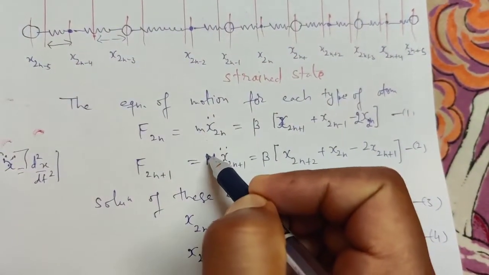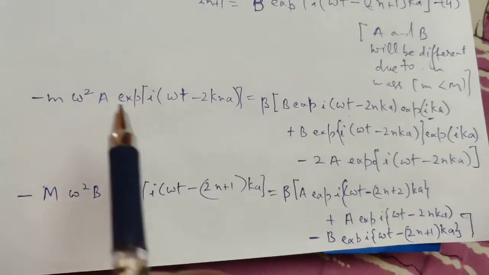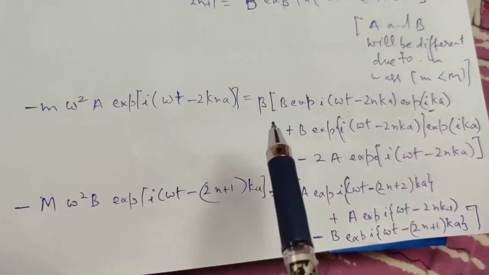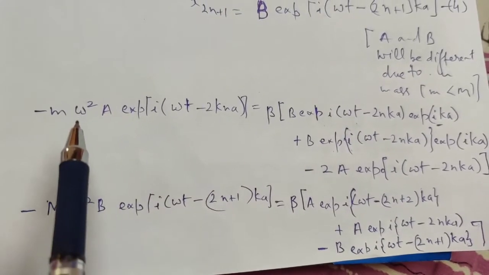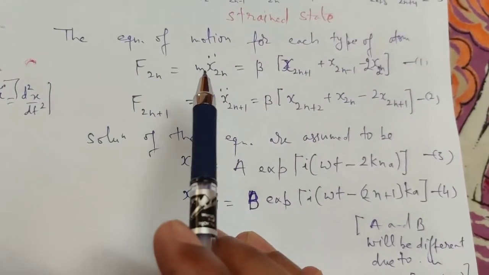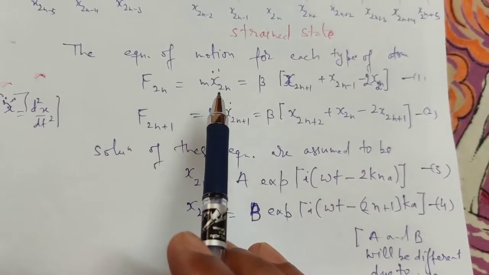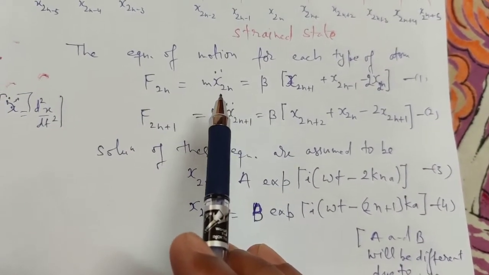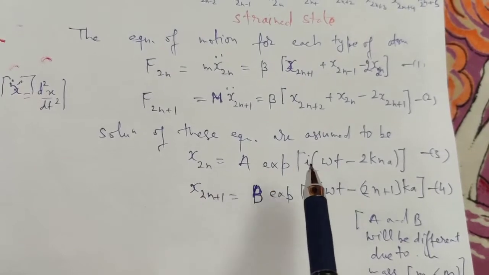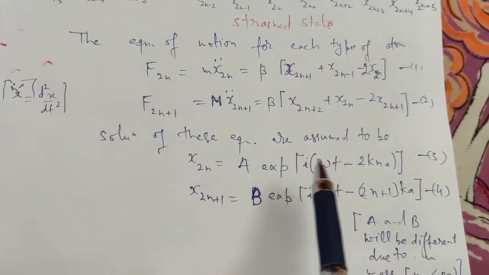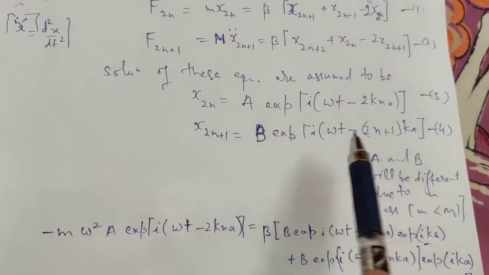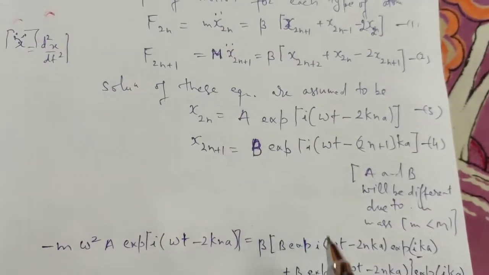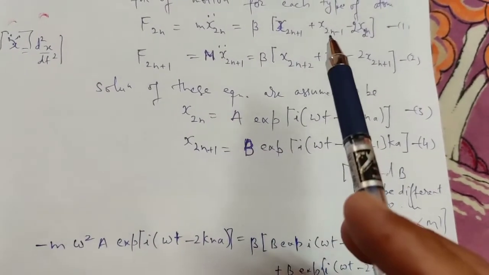Here there is one mistake, there is a capital M, and by calculating this I get this. Now simplifying this: here is m and the double derivative of x2n with respect to time, which gives iota square and omega square. Iota square will be minus 1, so omega square and the exponential, and beta, putting the values of x2n plus 1 and x2n minus 1.